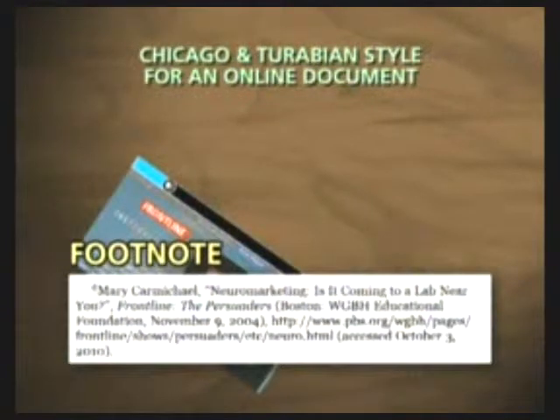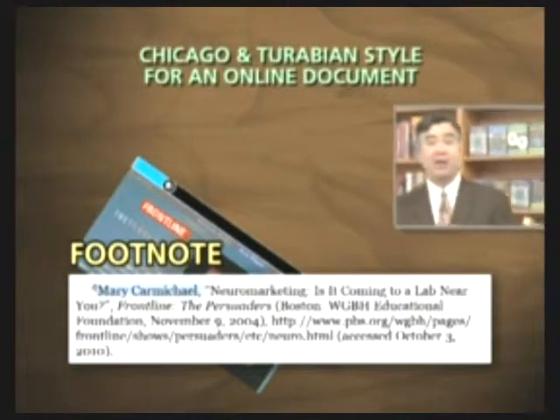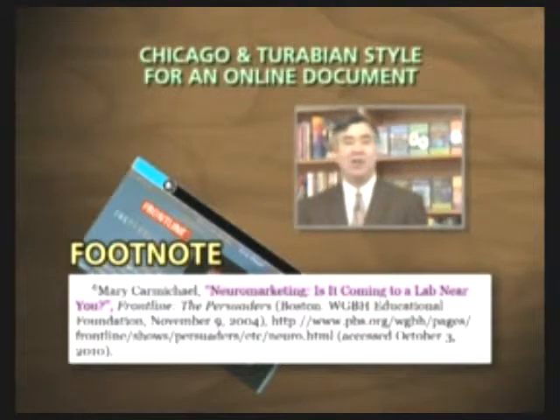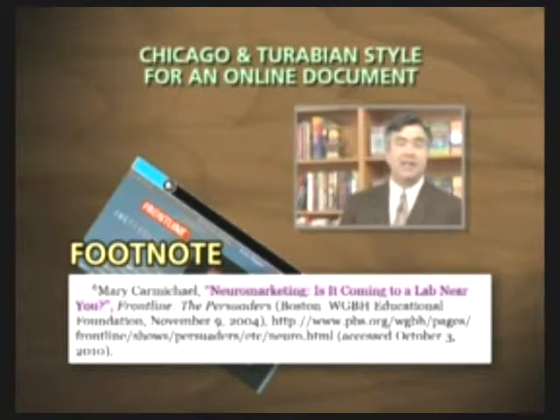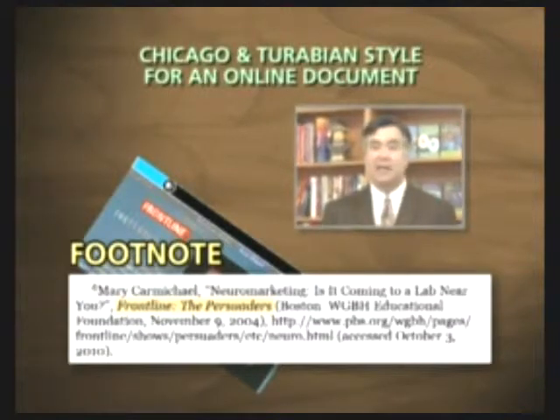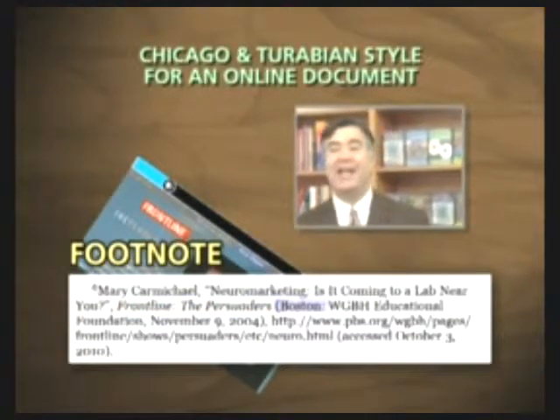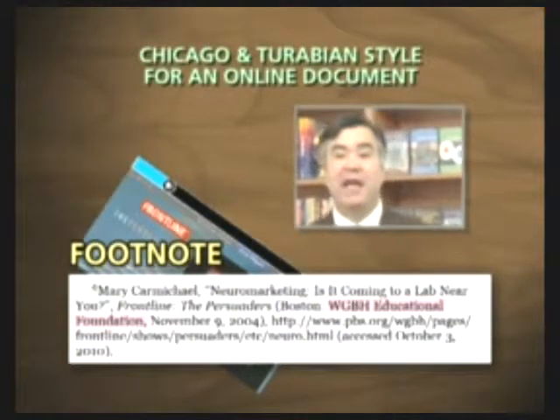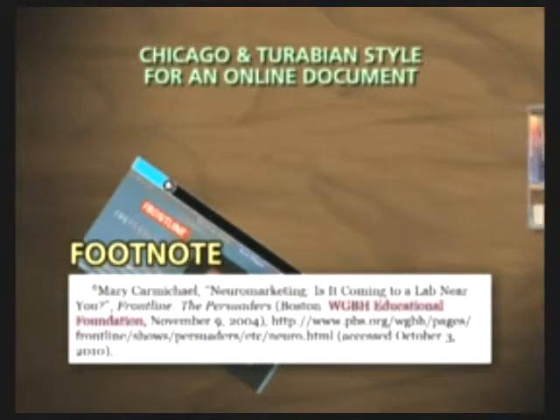Here's a sample footnote for a web page reference. This is footnote number 4. The author, Mary Carmichael. The article title, "Neuromarketing, Is It Coming to a Lab Near You?" Then the name of the website, Frontline, The Persuaders, and the publication location, Boston. The sponsor of the website, WGBH Educational Foundation.